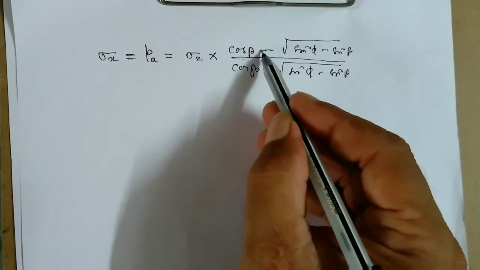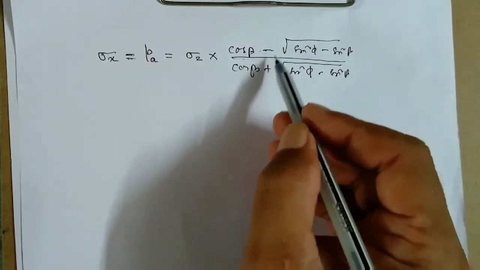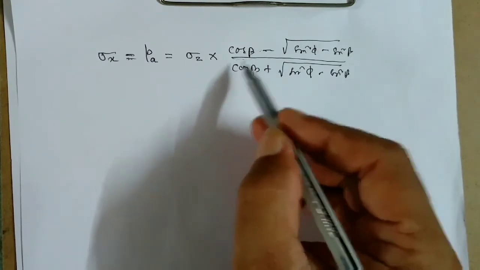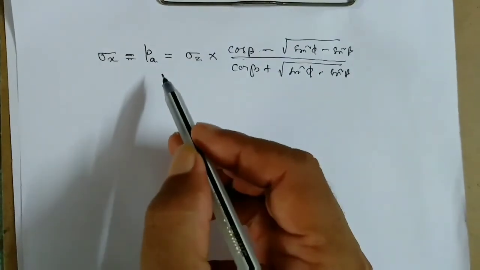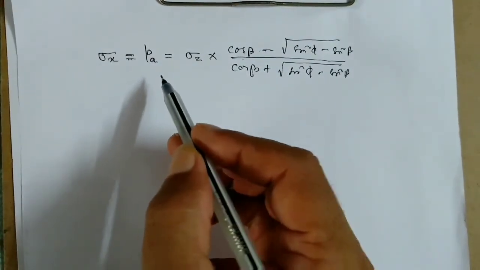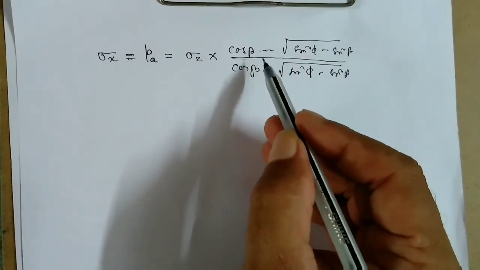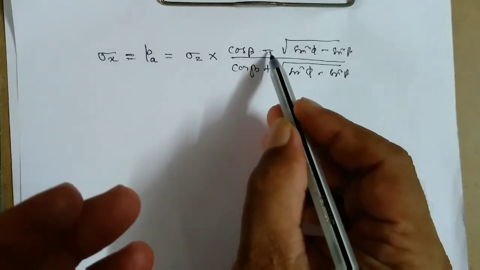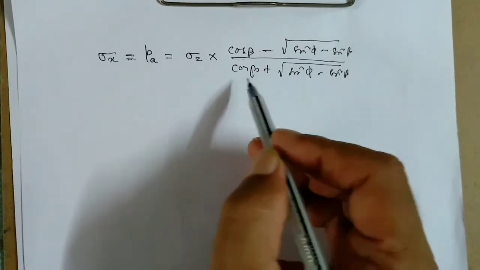The point to be noted is that in place of minus plus and plus minus, there will be two values of the ratio sigma x and sigma z. I have taken minus first because of the active pressure, because it is going to be the minimum. That is why I have taken the negative one only. We have overlooked the positive values. So accepting minus, the numerator is negative and the denominator positive, so that will give a minimum value.